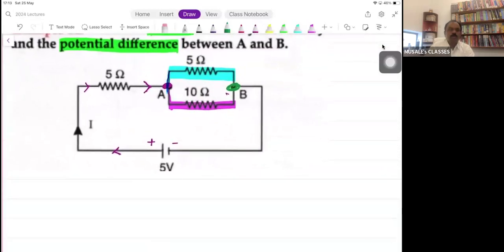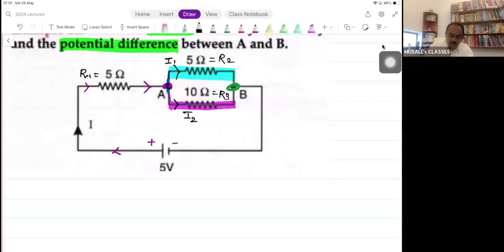Okay. So since current is getting divided, I will consider that current as some I1 and the current through this side will be I2. We will consider this resistance as R1, this resistance as R2 and this resistance as R3.